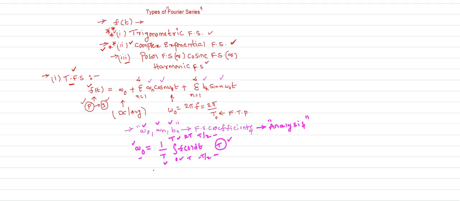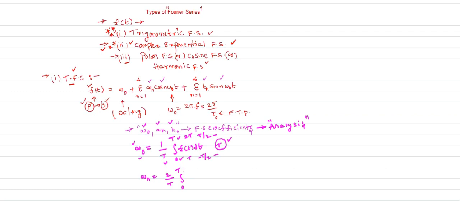Now how can we calculate the an value, which is the coefficient of your cosine function? To calculate an, use this formula: 2 by t, integral 0 to t. We need to integrate always over the time period.